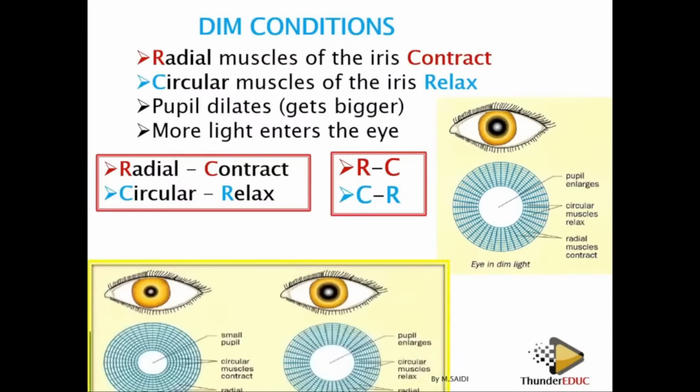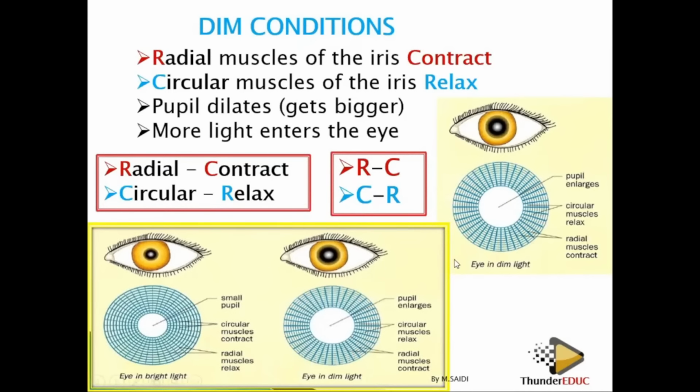So basically, if you look at this, you can compare them now. During bright light, it looks like this, the pupil is small, while in dim light, the pupil is big. If you look at it diagrammatically or structurally, you'll find out that the spaces here and the spaces here are not the same.